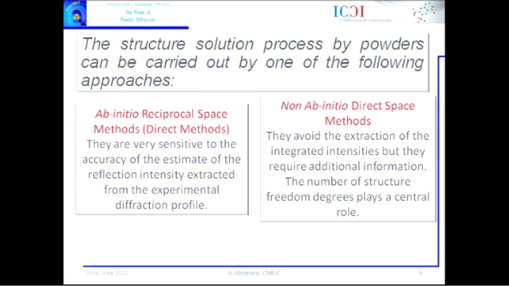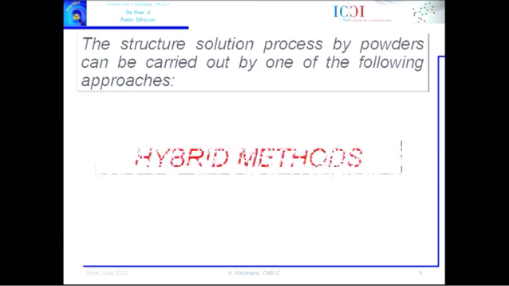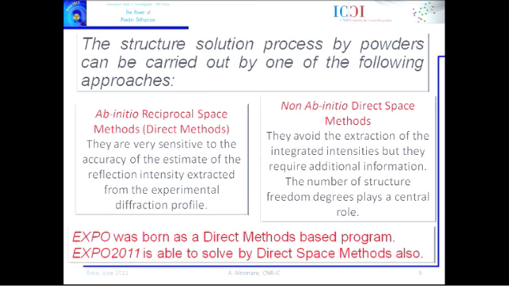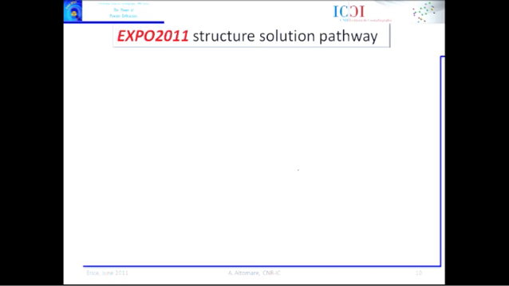In this case, the number of structural degrees of freedom plays a central role. Hybrid methods combining both can also be applied. Expo was born as a direct methods-based program, and Expo 2011 is able to solve by using direct space methods also. And now let's see the main performance.